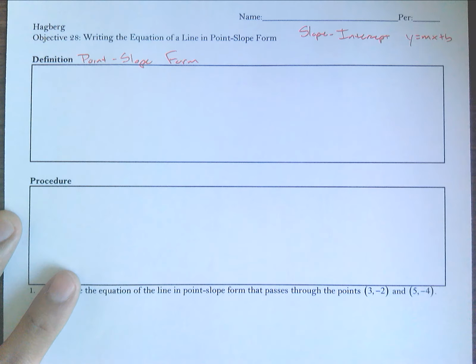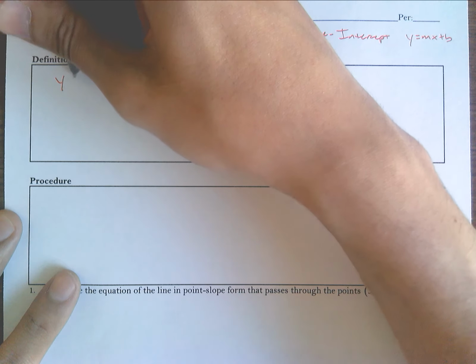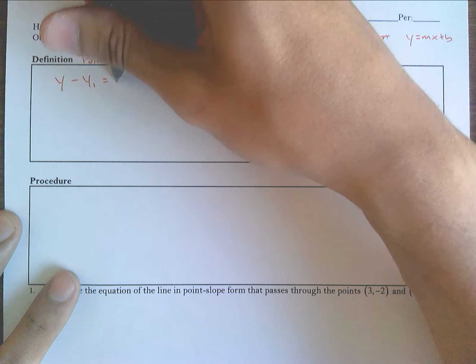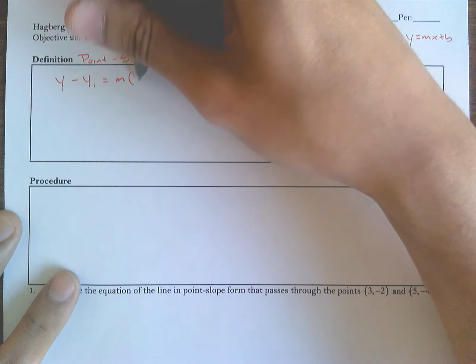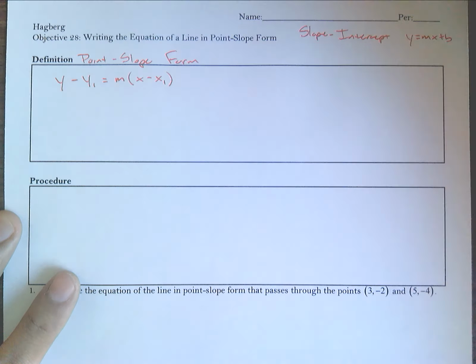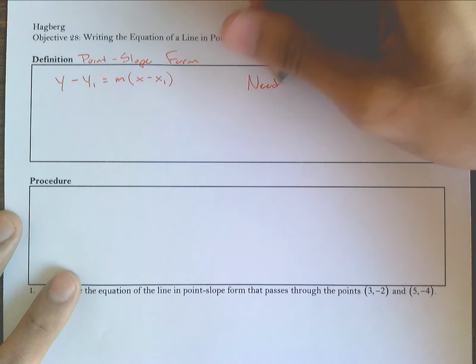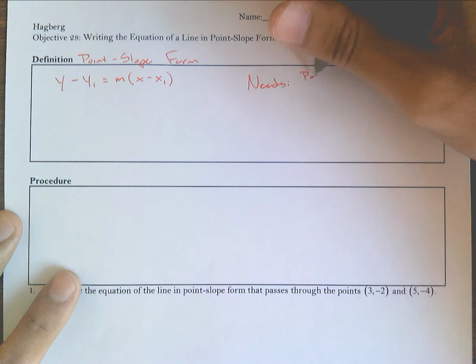Point slope form is a really useful form for equations of lines, and it is the general form y minus y1 equals m parentheses x minus x1. Just like slope intercept form needs the slope and the intercept, point slope form needs a point and the slope.